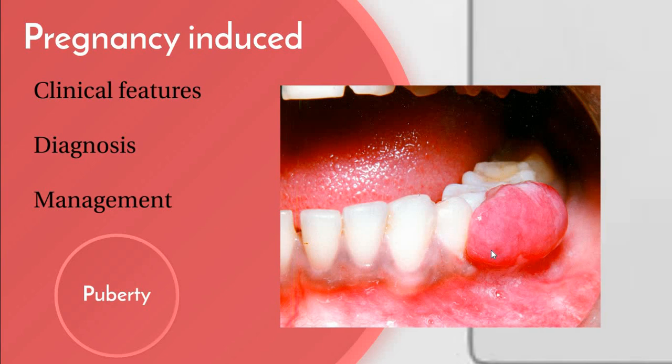Here we have pregnancy-induced and puberty-induced gingival enlargement. Both of them are affected by hormonal changes. In pregnancy-induced, it can be marginal or generalized and may occur as single or multiple tumor-like masses.